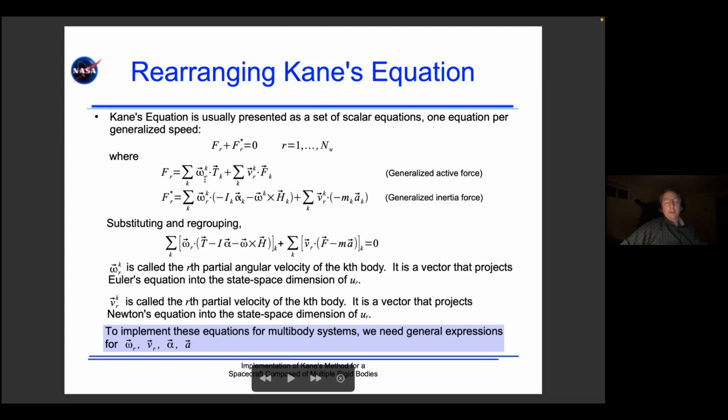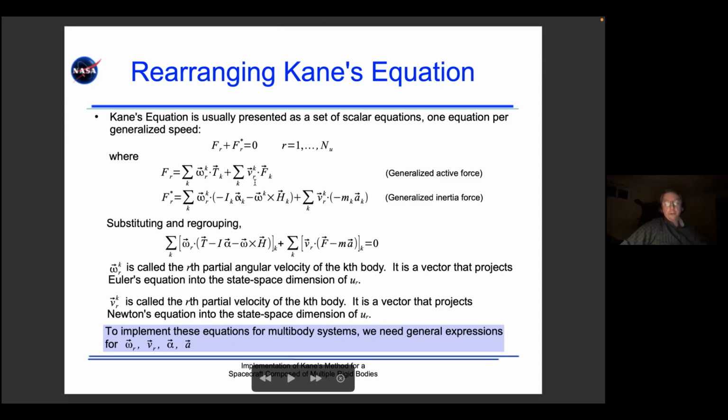If we look at this, I'm going to have a bunch of rigid bodies, so I'm going to sum over those bodies. I've got a kth body, and I'm going to apply some forces to it. That's what this F is. F sub K is the forces exerted on body K. And I exert some torques on that body. And I'm going to multiply by some factors here.